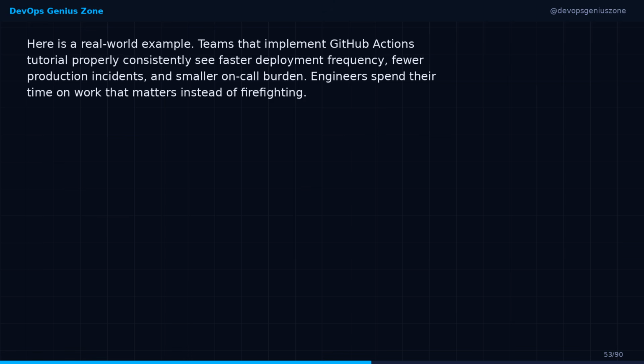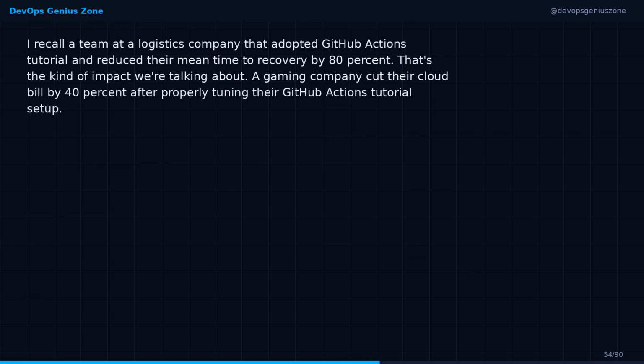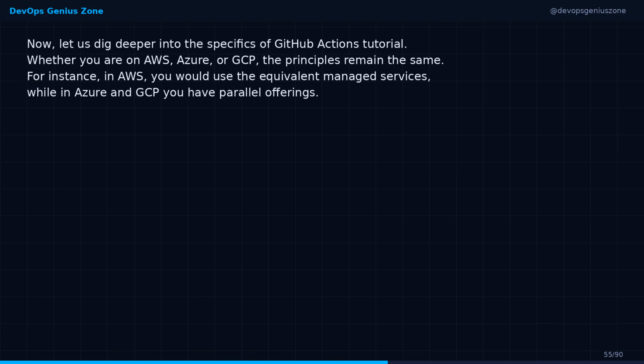Now, let us dig deeper into the specifics of GitHub Actions tutorial. Whether you are on AWS, Azure, or GCP, the principles remain the same. For instance, in AWS, you would use the equivalent managed services, while in Azure and GCP you have parallel offerings. But regardless of the cloud provider, GitHub Actions tutorial enables you to ship features faster, recover from failures in minutes, and scale your infrastructure dynamically.